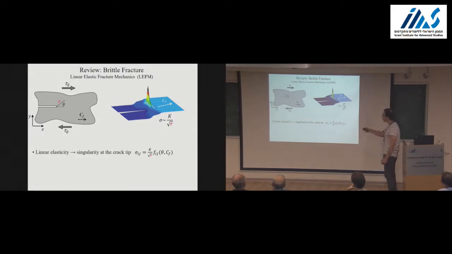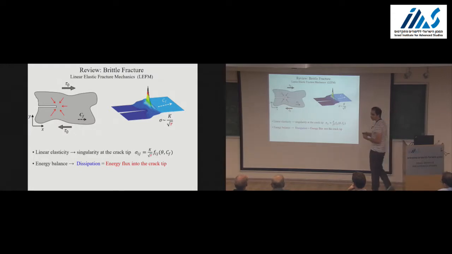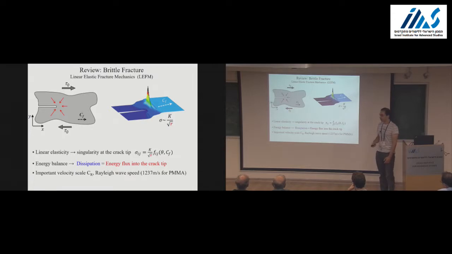Now, the only sink of energy is at the crack tip. Therefore, we also have an energy balance, which means that the energy flux to the crack tip should be balanced by dissipation there. And finally, I want to note an important velocity scale: the Rayleigh wave speed, which serves as a classical limiting velocity for cracks. During the talk, I'll refer to each one of these points.